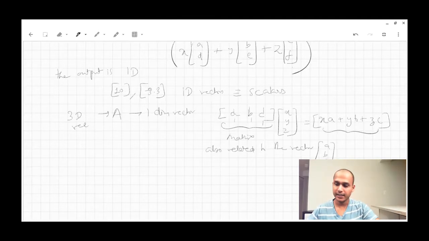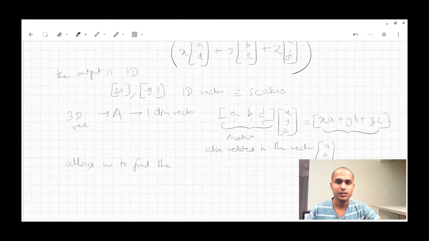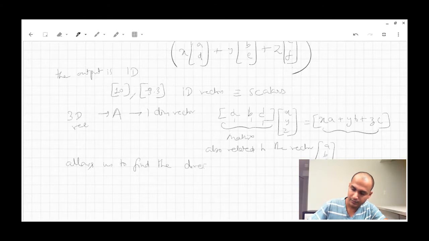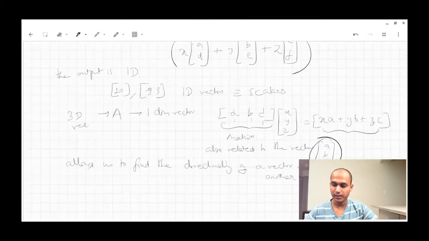Why is this special case interesting? The dot product allows us to find the directionality of a vector with another vector, and in particular this vector is A, B, and C. This transformation, which is related to the vector A, B, and C, allows us to understand how the input vector, in this case x, y, and z, is related to A, B, and C in terms of directionality.